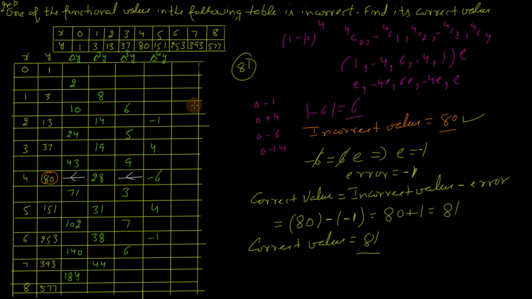So we have also completed the second thing: we have located the incorrect value, and second, we have corrected it, and the correct value is 81. So if here it would have been 81, then this fourth order difference column should become 0. Now with the value 81 over here, I would show you that if we form the forward difference table with the help of 81 over here, then these terms will not appear.